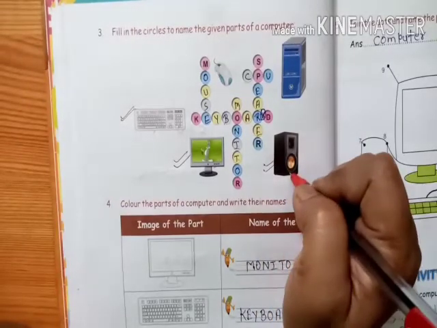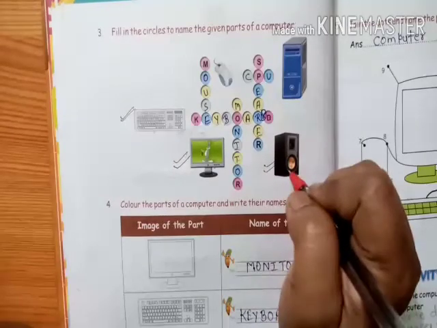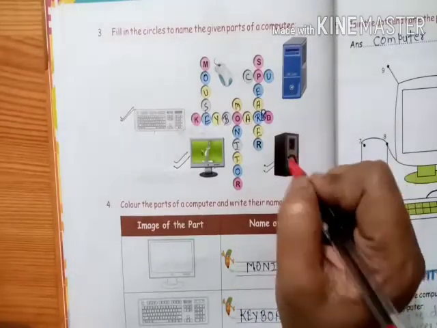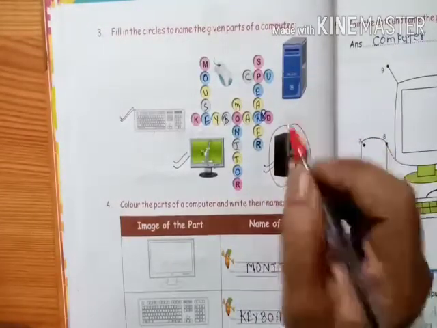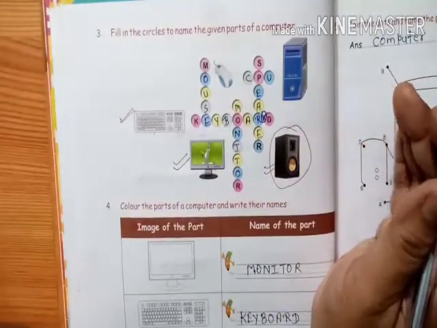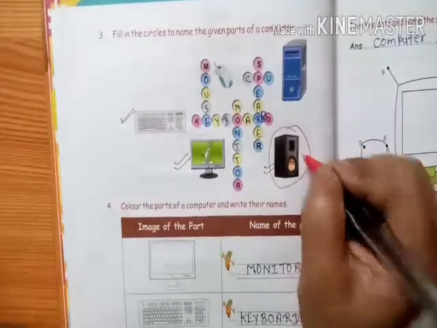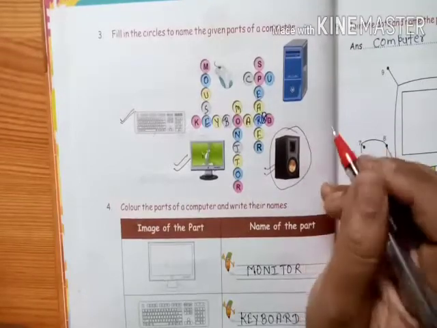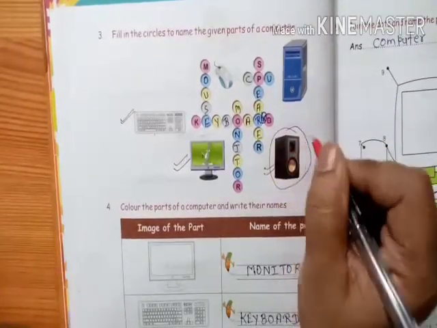Is it correct? Am I correct? Is it UPS? Yes or no? Does it look like a UPS or some other part of computer? Yes, I am wrong. It is not UPS. It is a speaker. Okay, so it looks like a speaker.